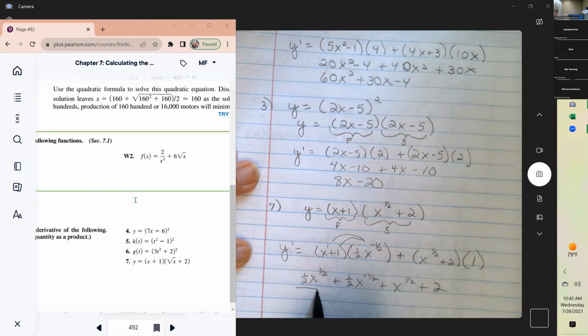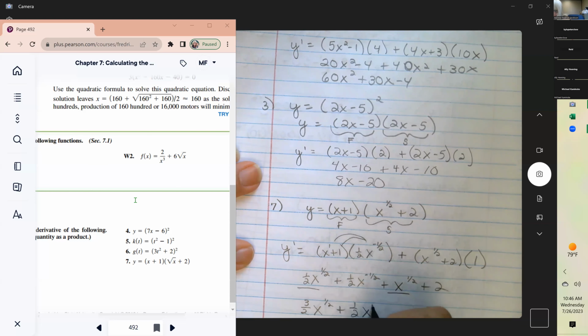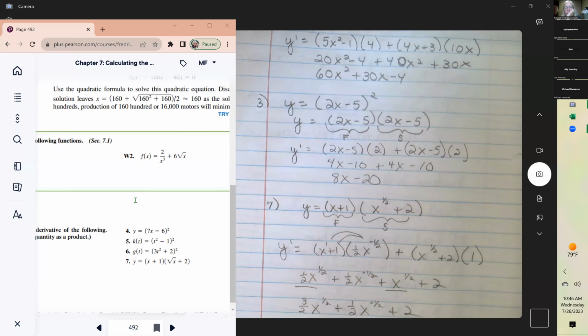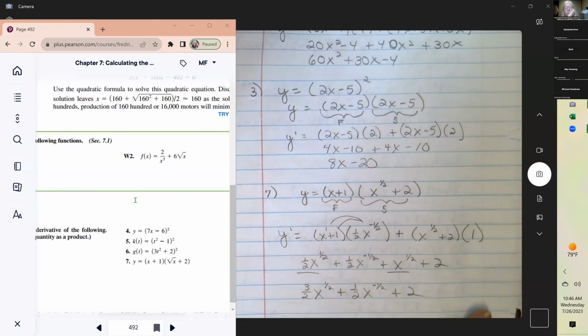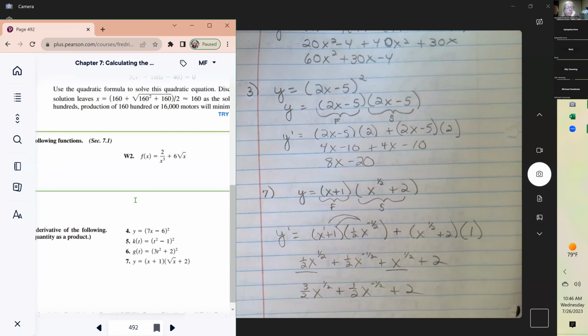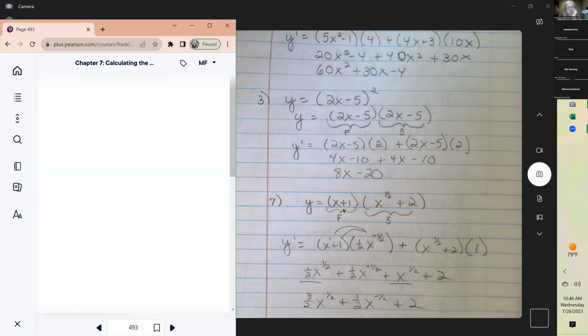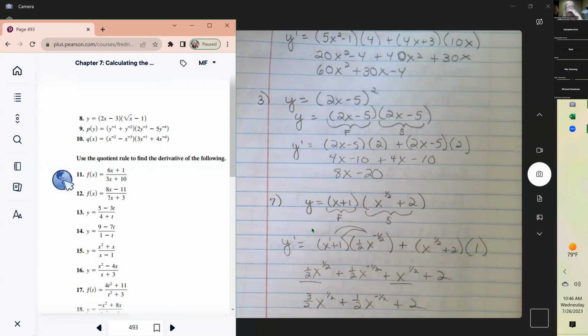These two are like terms. 1/2 plus 1 is 3/2. 3/2 x to the 1/2 plus 1/2 x to the negative 1/2 plus 2. Any questions on that? Number 9.